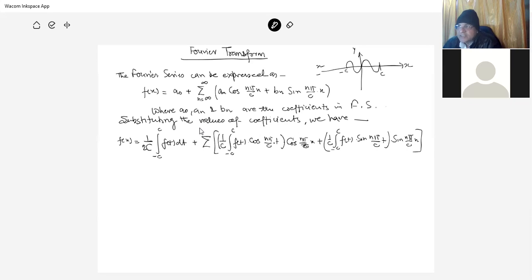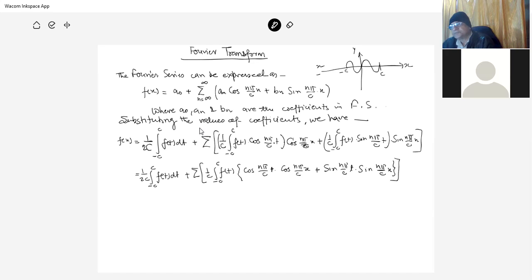Now, after substituting these values, this can be simplified as 1 by 2c integral minus c to plus c f of t dt plus, here 1 by c integration from minus c to plus c, we can take common, of f of t, and then inside the bracket there is cos(n pi by c t) into cos(n pi by c x) plus sine(n pi by c t) sine(n pi by c x).